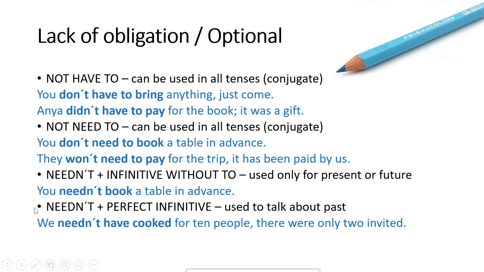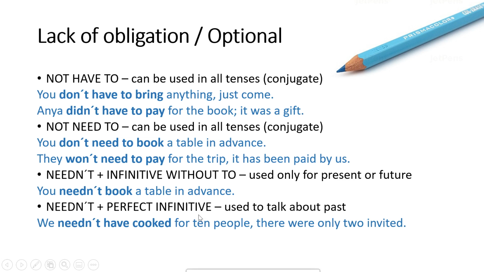And then what we've got here is the modal need. In this case, need is a semi-modal. In the second cases here, it's a modal. What does that mean? It means that after this, you will have infinitive without to, or perfect infinitive if we talk about the past.